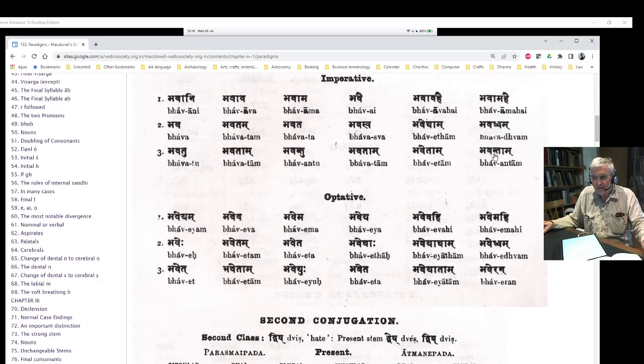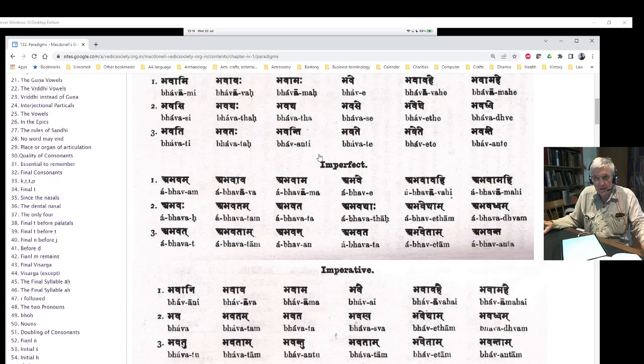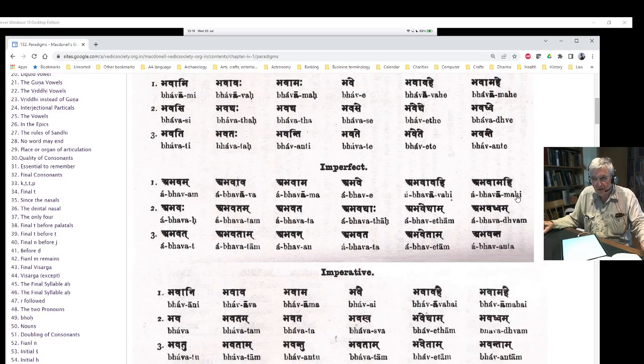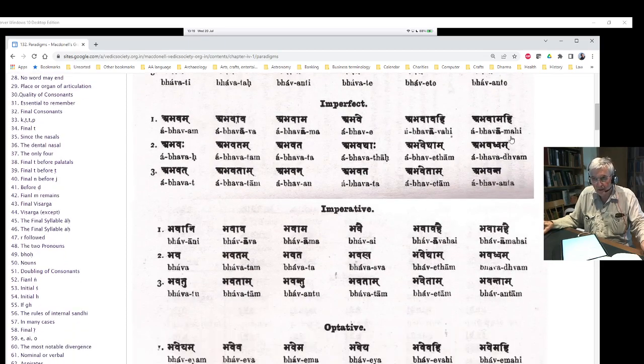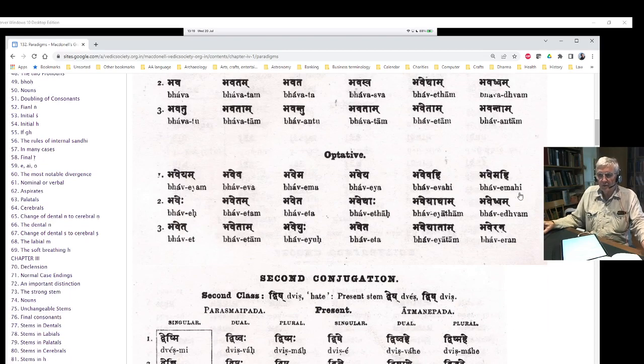Rather than the mah with the visarga, bhavama, it changes to an h followed by a vowel, mahe, mahi. You'll often see it in Pali changing to an s. Labhemahi, Sanskrit, labhemase. In Pali, we might obtain.